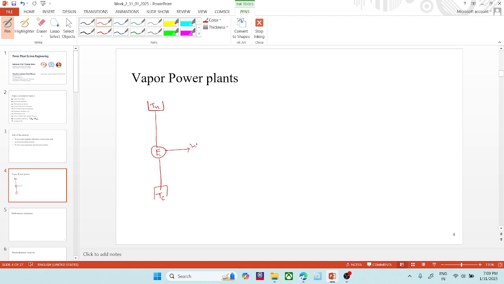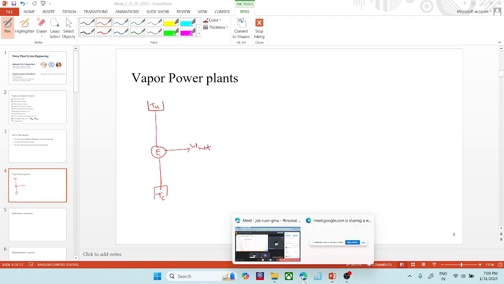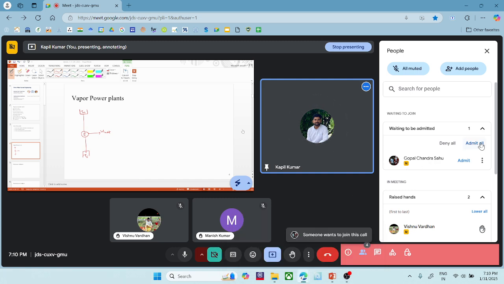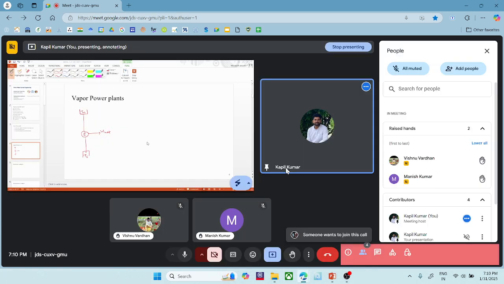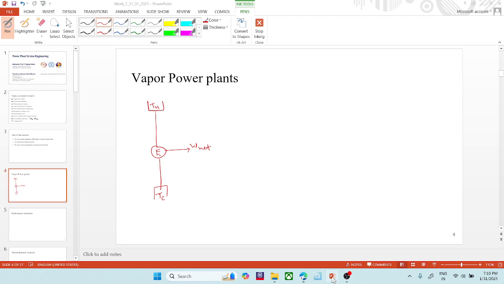This is the heat engine, and it produces some net work W net. From the heat source, the heat Q in comes to the heat engine, and it is rejected to the heat sink as Q out.